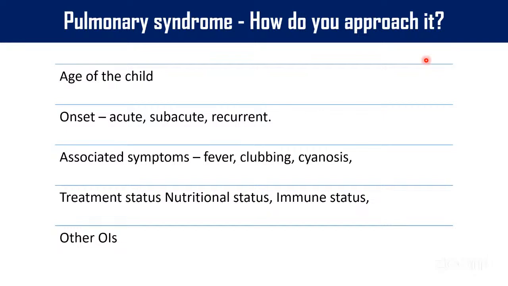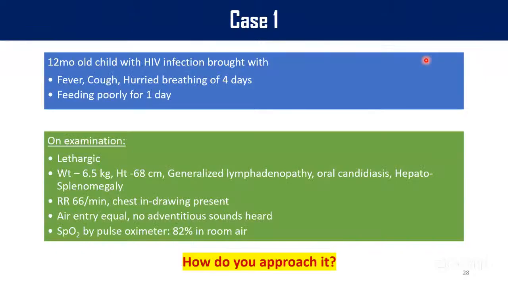So the approach will depend on the age of the child, whether it is an acute, subacute, or recurrent onset, associated symptoms like fever, clubbing, and cyanosis. What is the treatment status, especially ART, nutritional status, immune status, and other OIs.